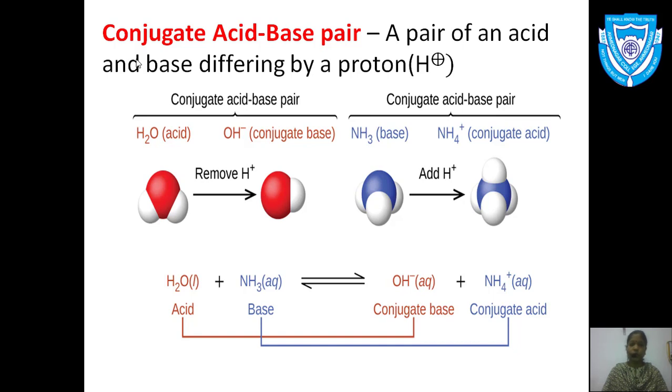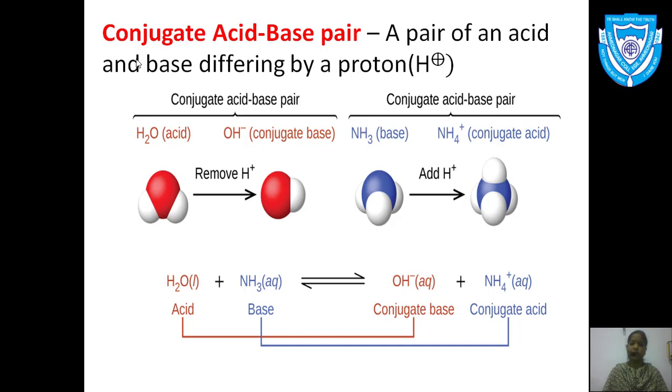A conjugate acid and base pair is a pair of an acid and base differing by a single proton. Look at the red images here, the OH minus conjugate base can be formed from water just by removing the proton. So we can easily identify the conjugate base from the acid just by removing the proton.